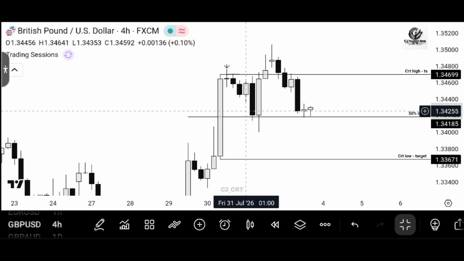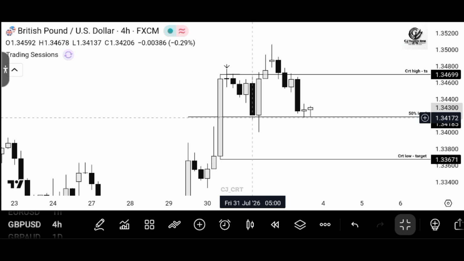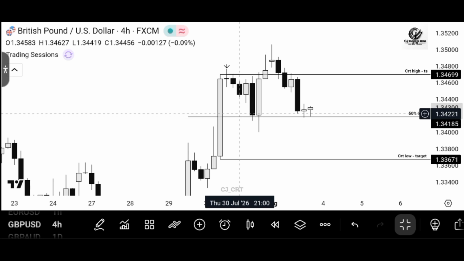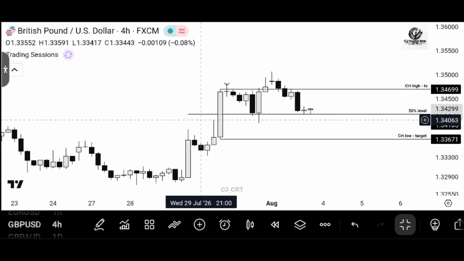When you master CRT and you see this type of thing happening two, three, four, five times or more, you get used to it. And when you get used to something happening, you can demo trade it first to test what you've witnessed so that you can gain the experience. Then after that, you can use real money. Don't be greedy to start chasing the low of the CRT when you're in a bullish market.